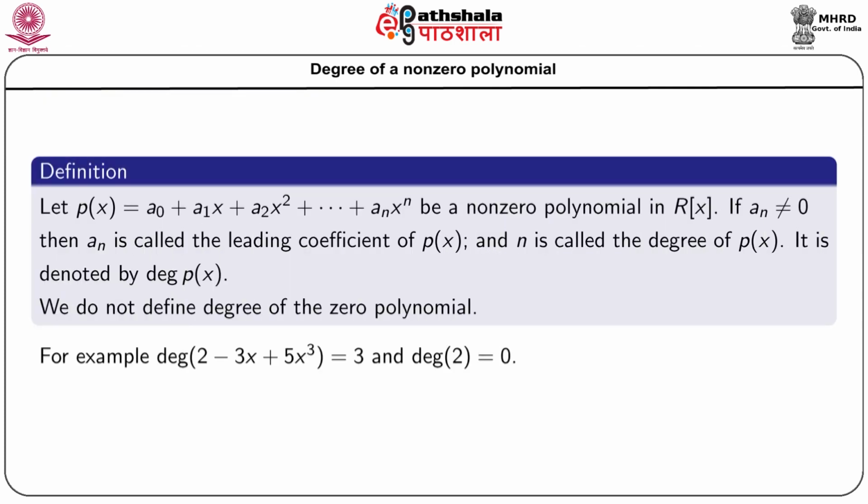Now, we define the degree of a non-zero polynomial. Suppose p(x) is a polynomial whose terms after a_n x^n are all 0.